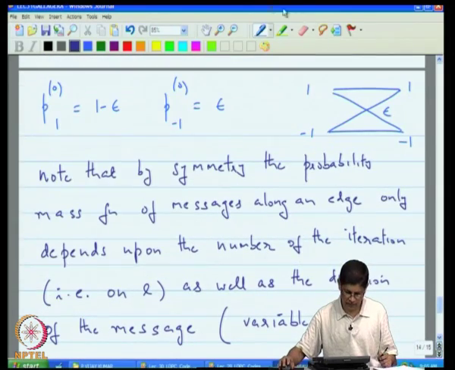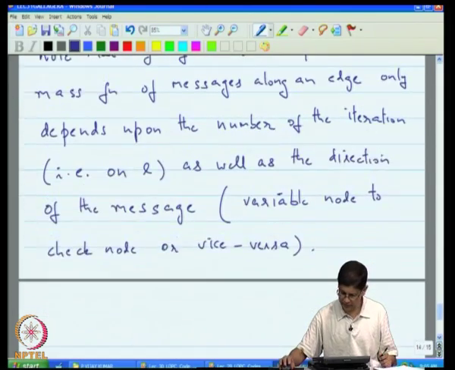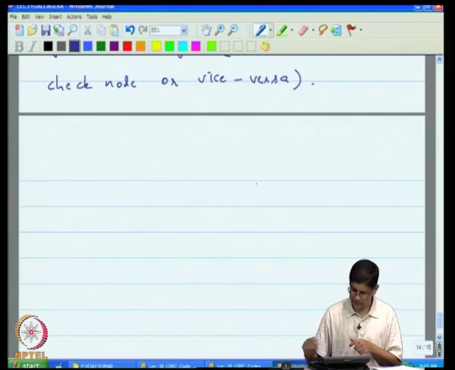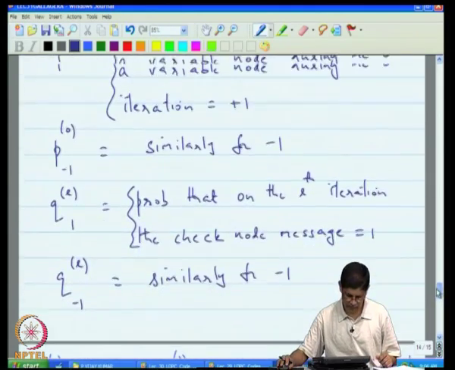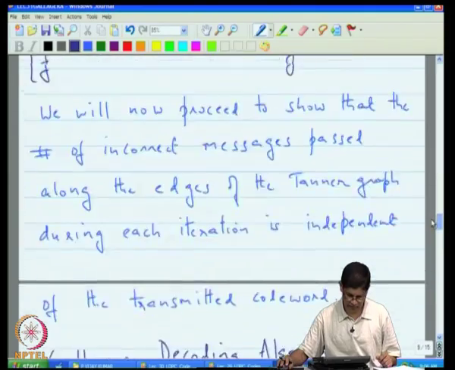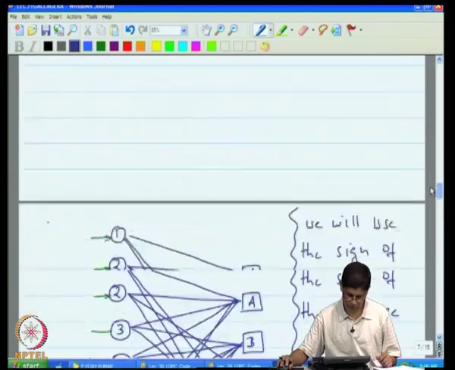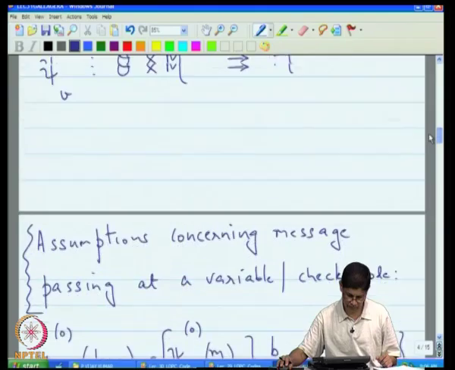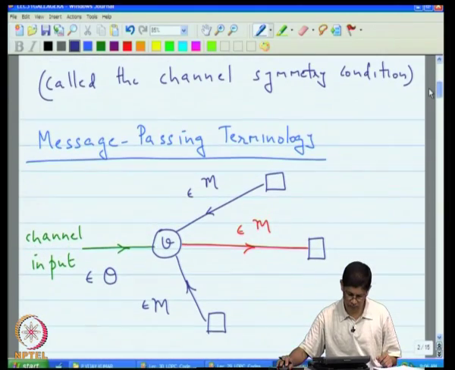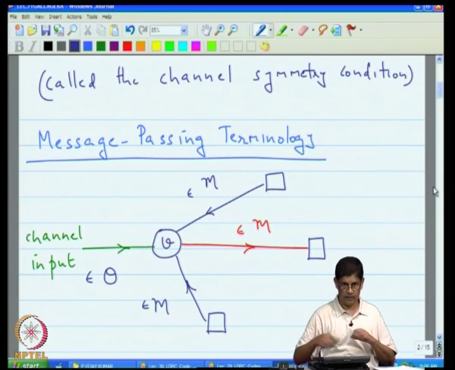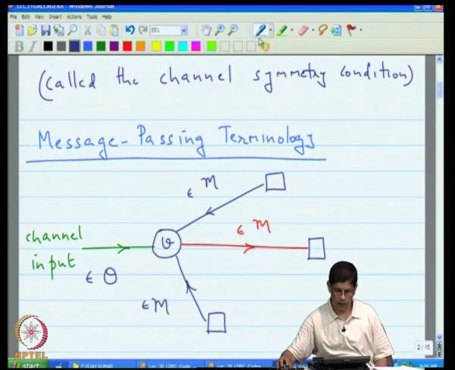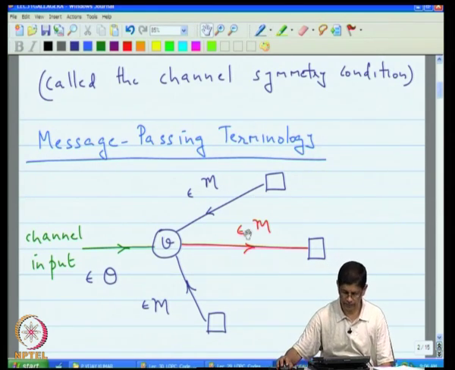All right. So, we have these initial probabilities. Thereafter, it is not hard to compute the other probabilities in succession. For example, if you look at a variable node and we are interested in the PMF, let us say that the transmitted message along here is a 1.